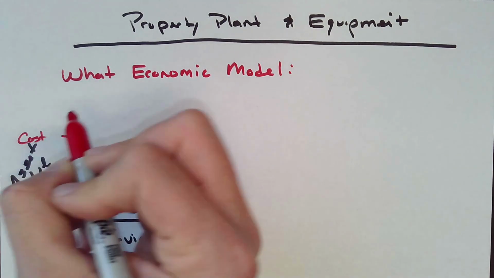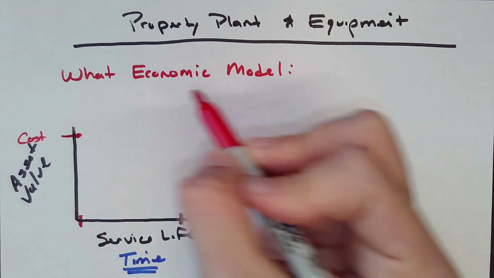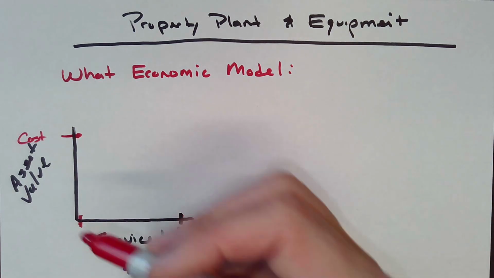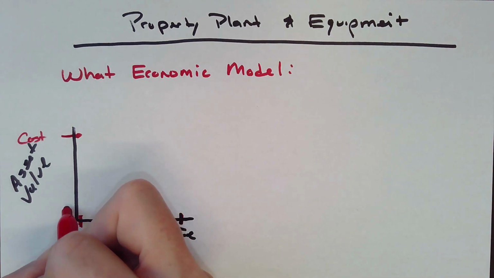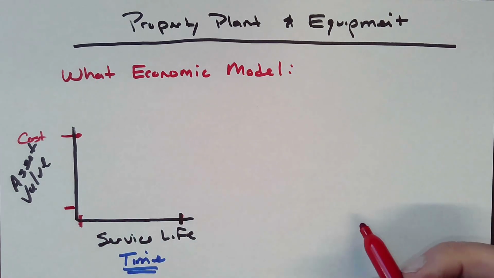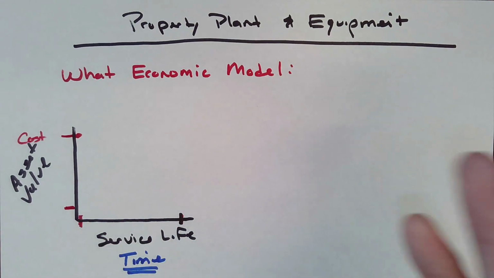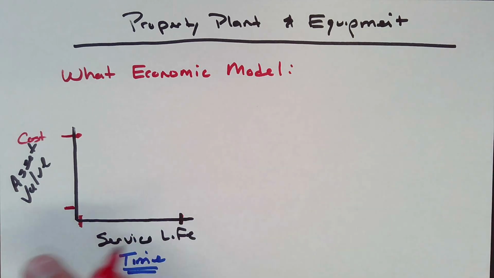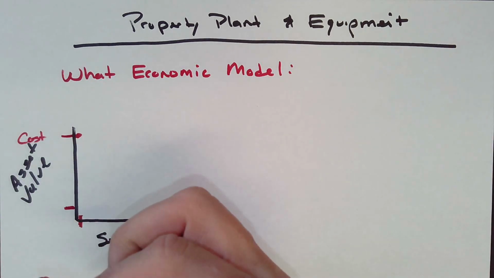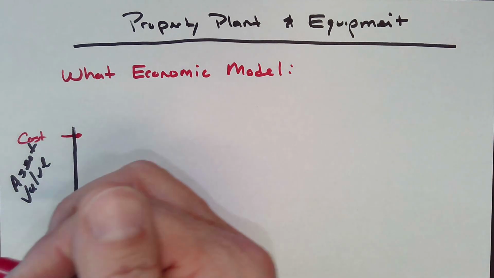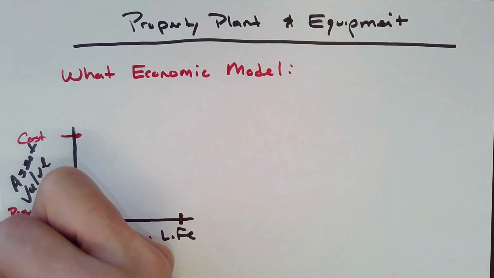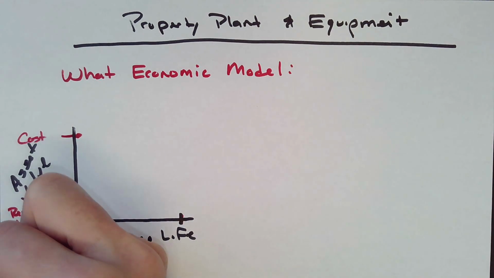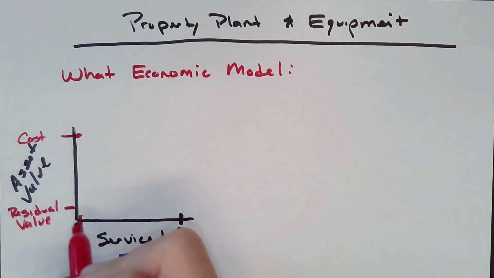And at the original service life, it's up here. That's my point. And I estimated the value at the end, that we should call residual value. Let's say that's here.